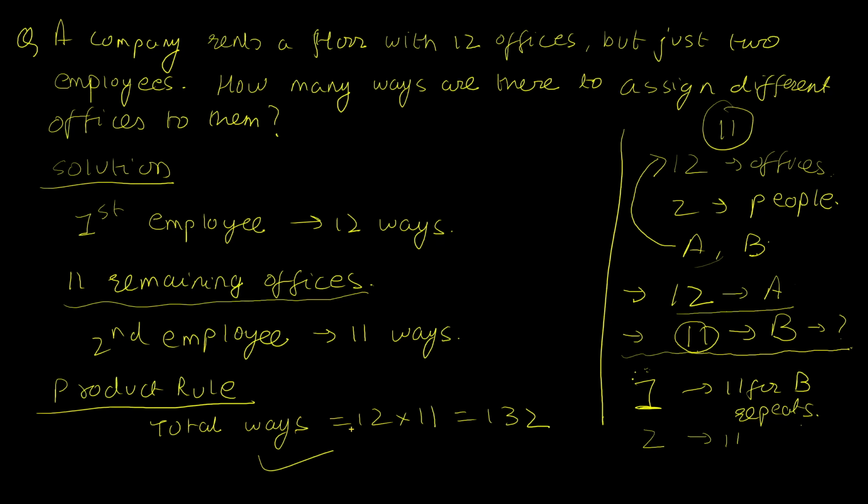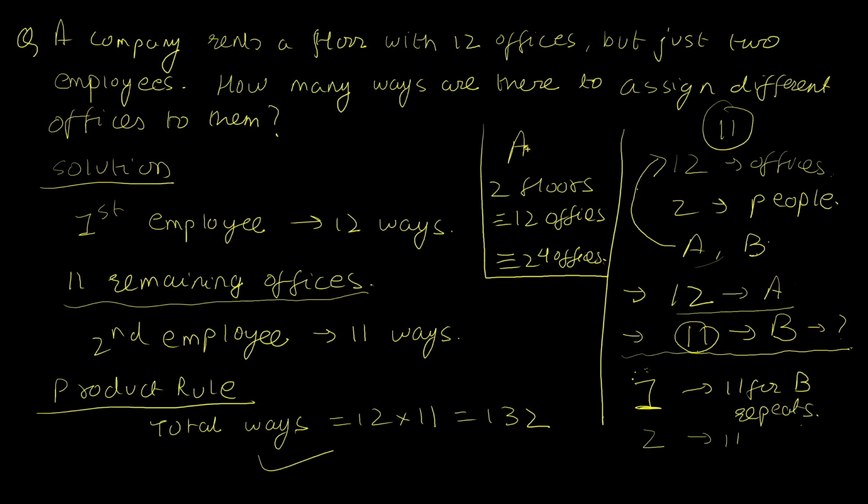So this is the solution, pretty basic, but let us understand one more concept. So let's say in the same question, I did not have 2 employees, but just 1 employee. Okay, I only had A. And instead of a single floor, we'll assume that A alone is renting 2 floors. And each floor, let's say, has 12 offices. That means we have a total of 24 offices.